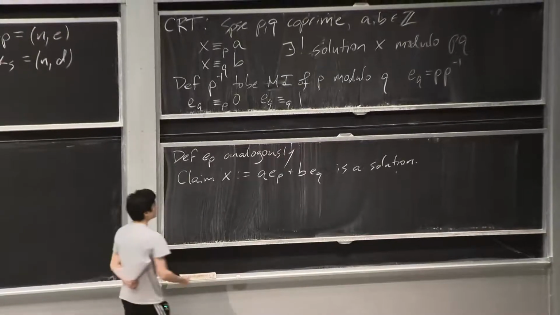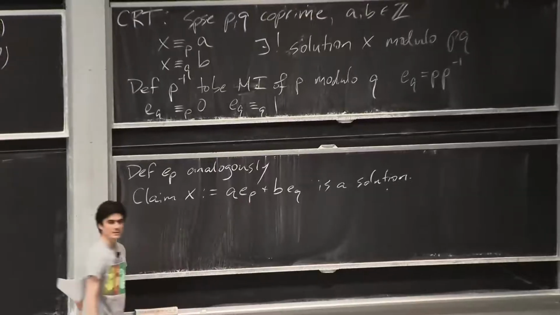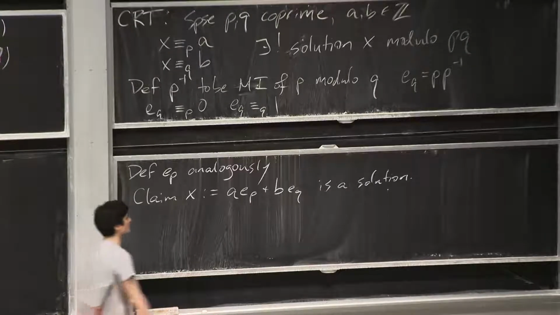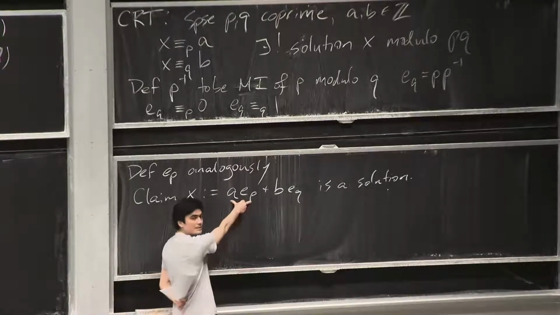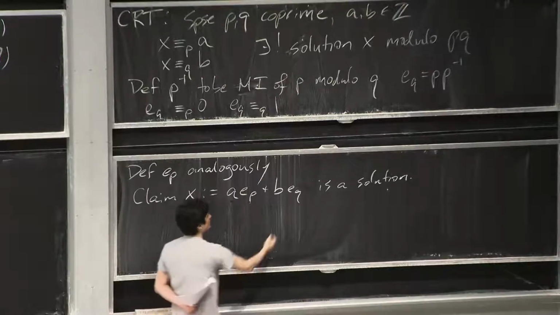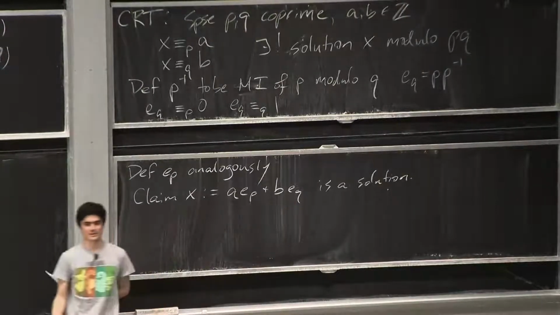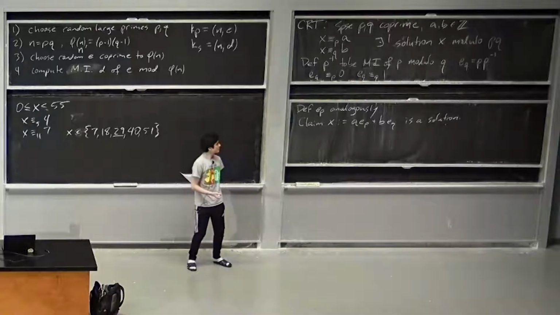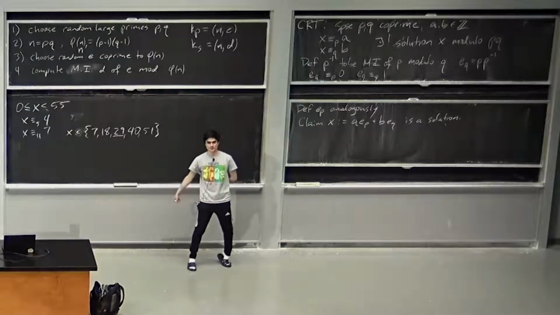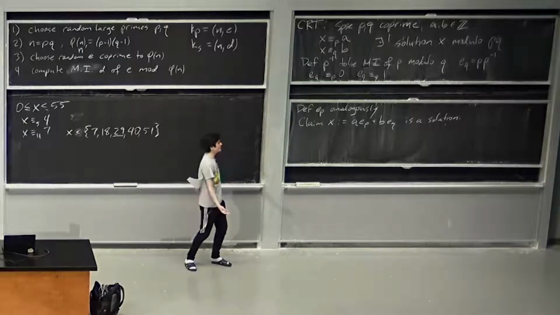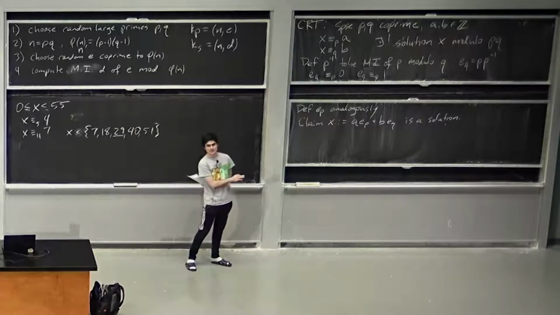Well, modulo p, this EP is congruent to 1, so this term becomes A. We said that EQ is defined to be a multiple of P, so the second term just goes away. So modulo P, x is congruent to A.